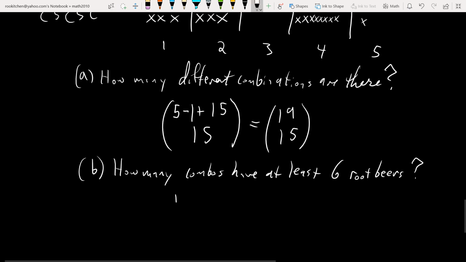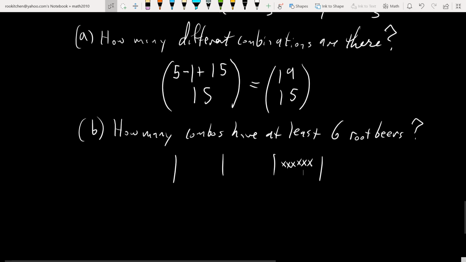You have your categories set up, in other words you have your slashes, and then you're basically saying, all right, 6 of the X's have been distributed already. So you're throwing out 6 X's essentially. You put them in the root beer category. Let's say the 4th category is root beer.